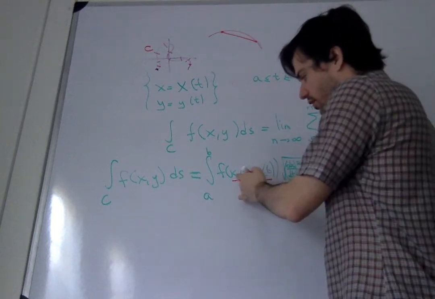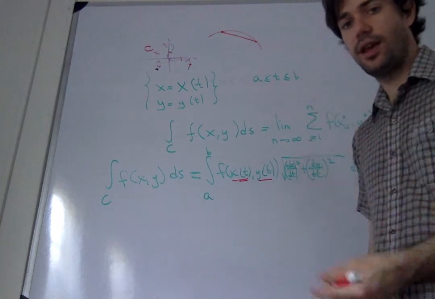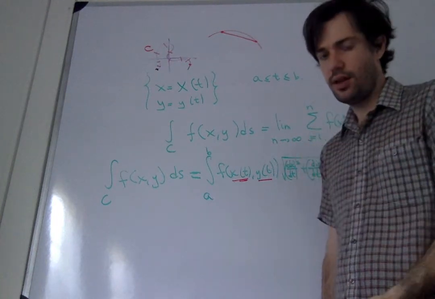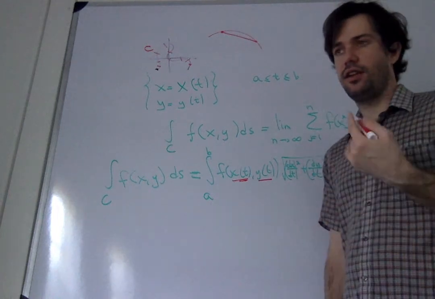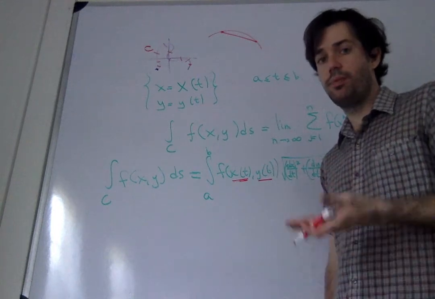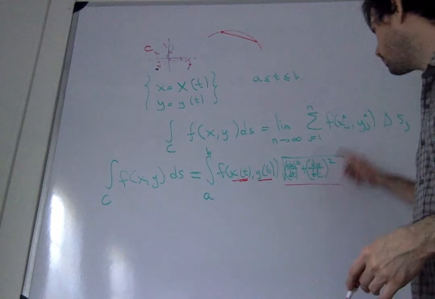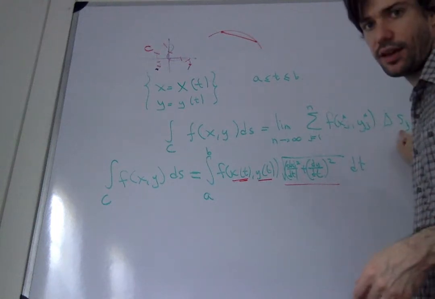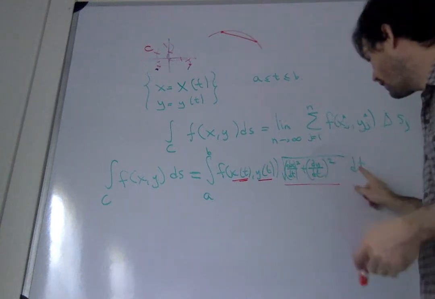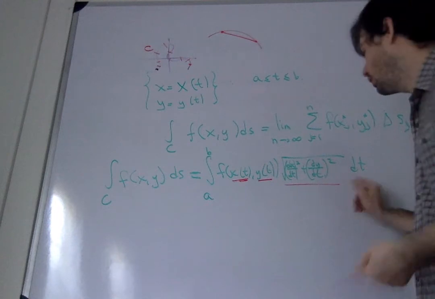Notice this is x as a function of t, so ultimately everything is in terms of t. There is no x, it's just t. And that tells us everything we need to know about the curve. This right here is the delta s thing in calculus world, and then you have dt at the end because it's changing with respect to t.